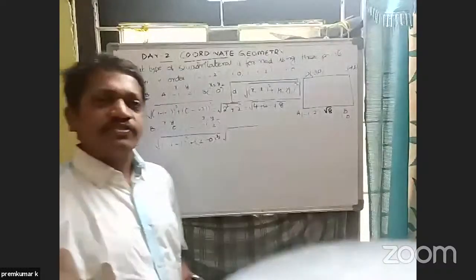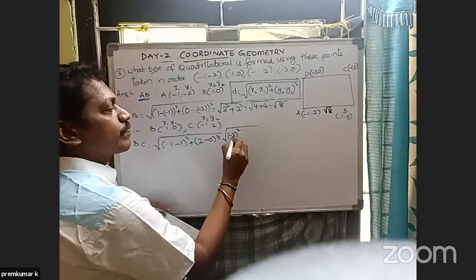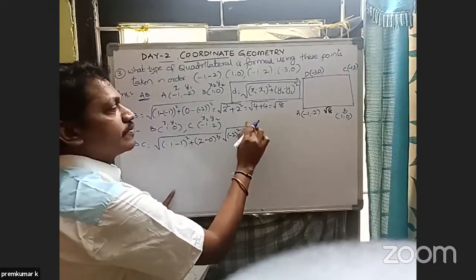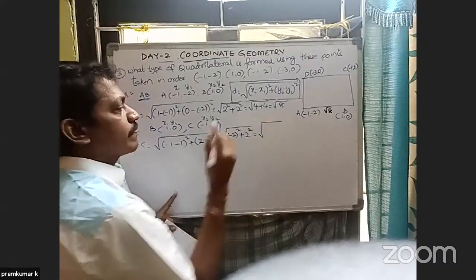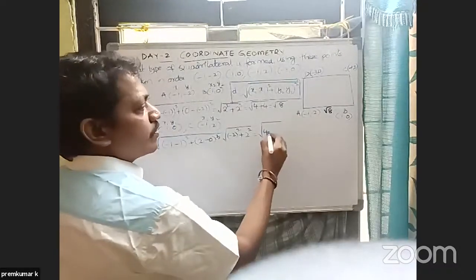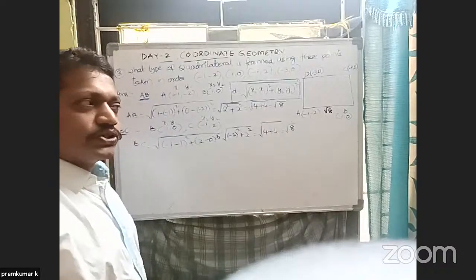Minus 1 that is minus 2 square, 2 minus 0, 2 square. This is minus 2 square is plus 4, and plus 4 we will get root 8.